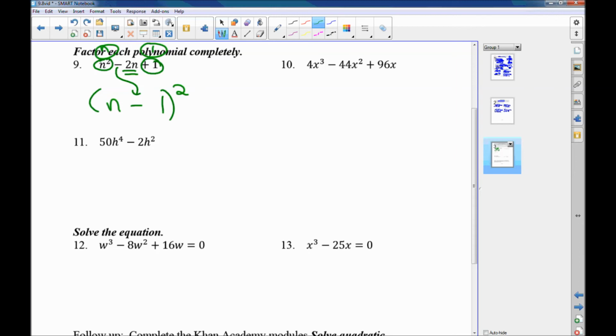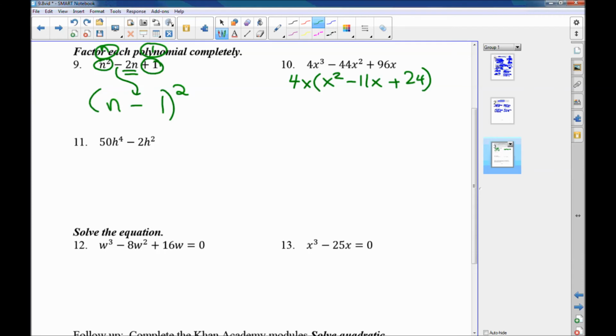Number 10, 4x cubed minus 44x squared plus 96x. So step 1 would be look for a common monomial factor, and there is one in this case. It's 4x. It leaves behind x squared minus 11x plus 24.